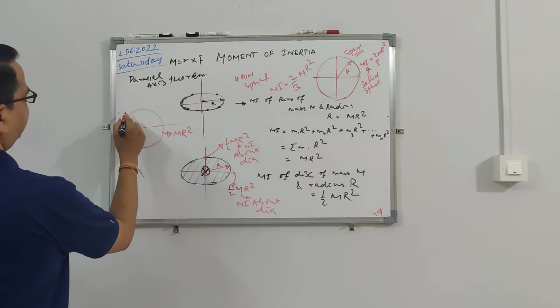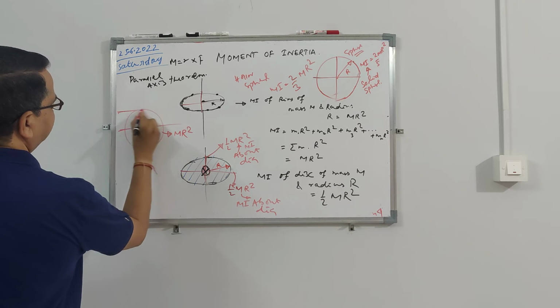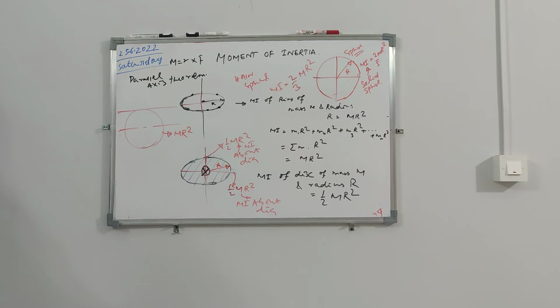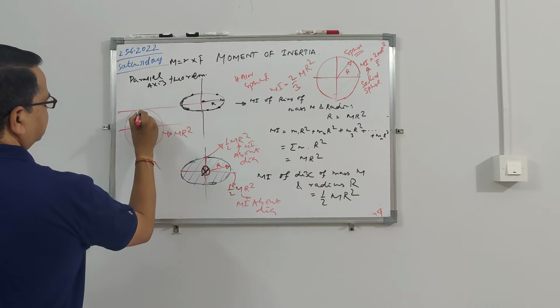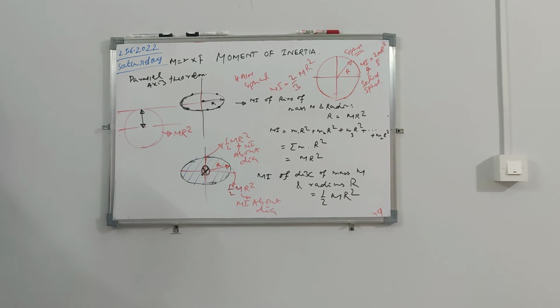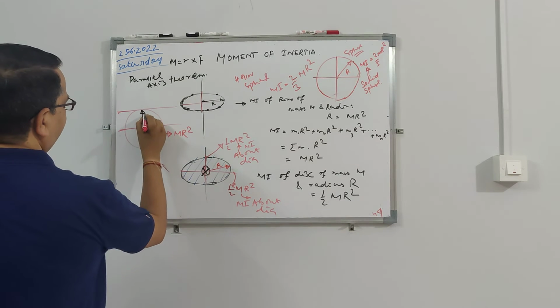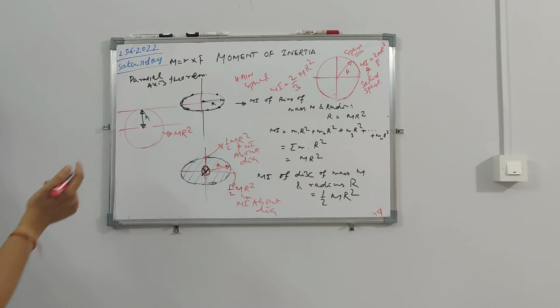But if you want to find the moment of inertia about a tangent, let us say this distance is h, which is nothing but your radius, r.